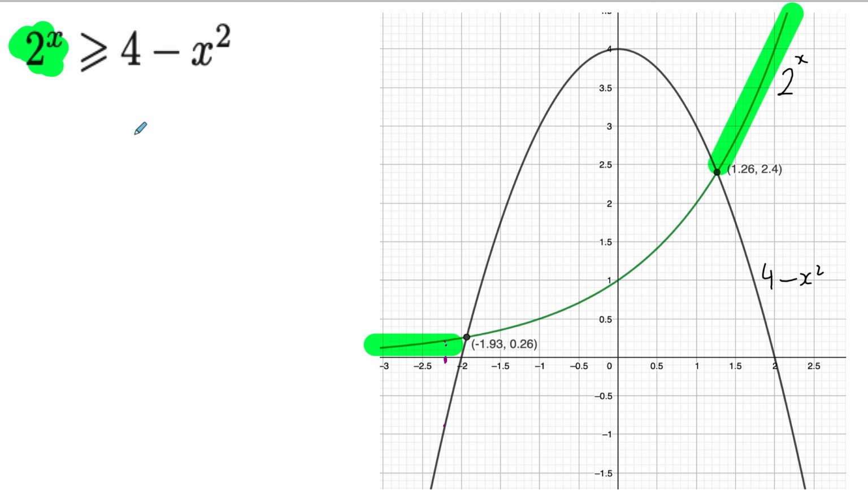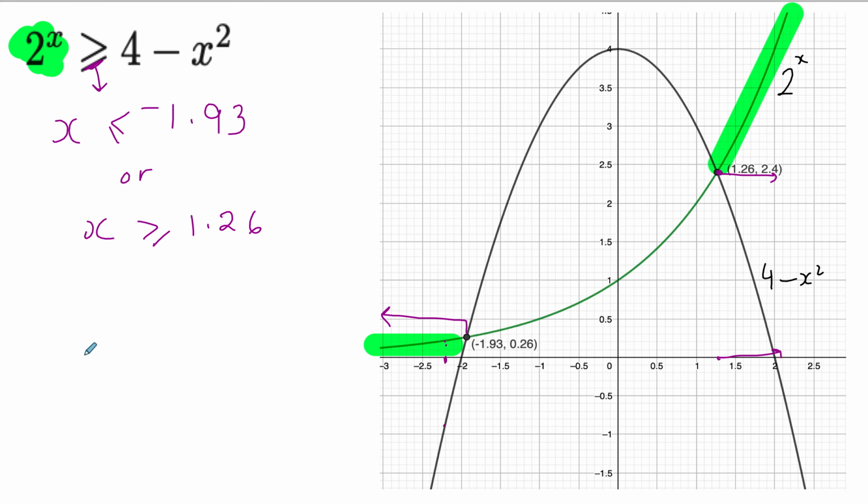So the inequality is precisely satisfied when x is from here and down. So when x is less than or equal to, we're taking the same inequality, so the equal to inequality, negative 1.93, or when we're looking at this x value and onwards, it's when x is bigger than or equal to 1.26.